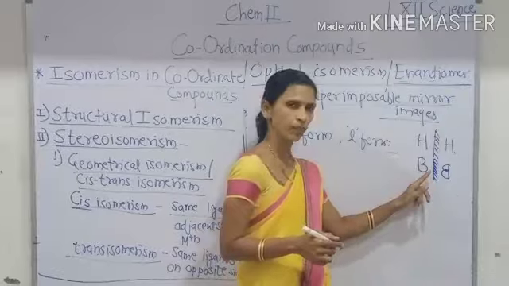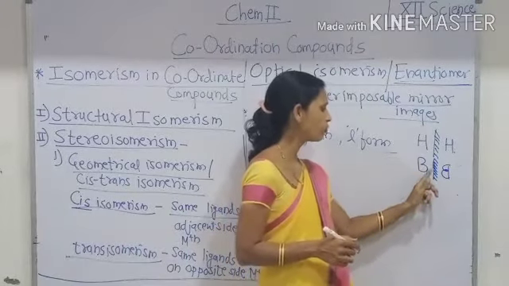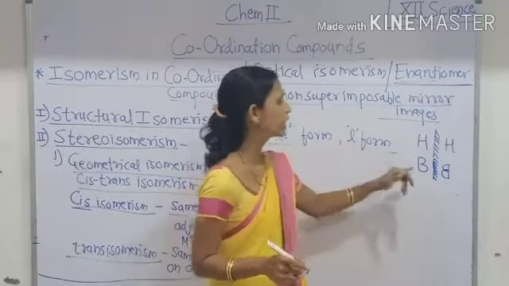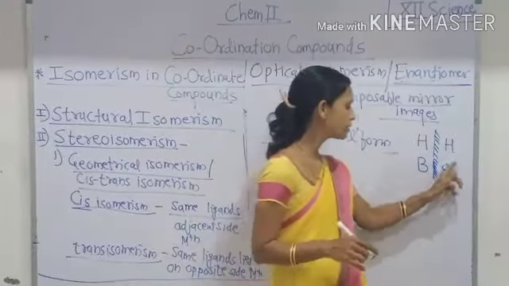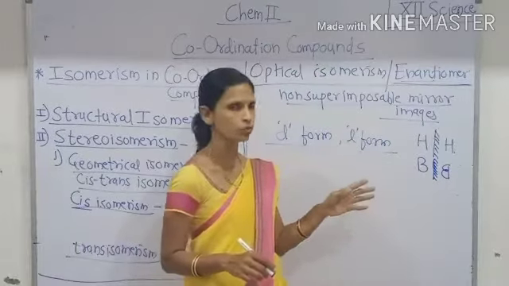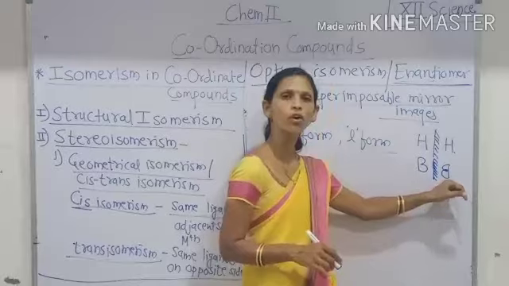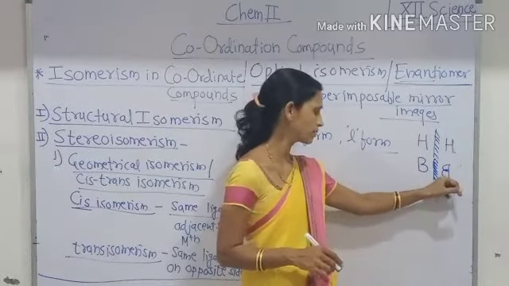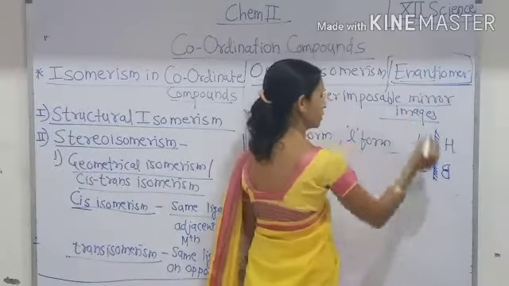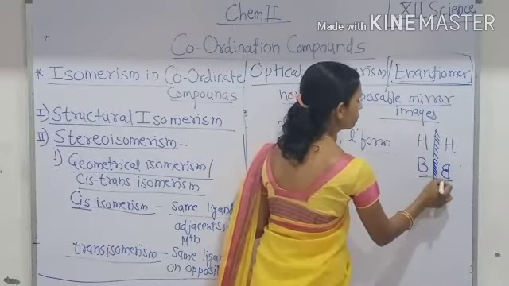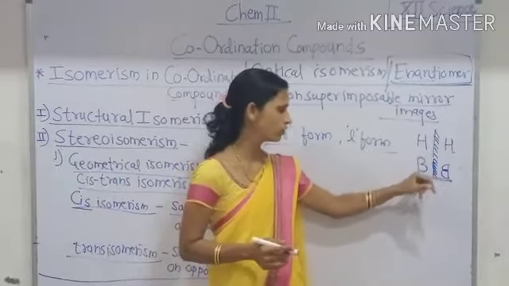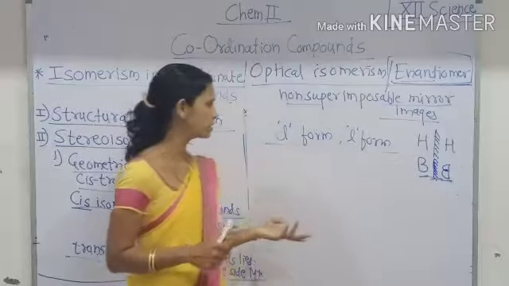The substance which rotates it to the left hand side is the L form or levorotatory substance. So in optical isomerism there are D and L forms that are mirror images. That means these substances are optically active.